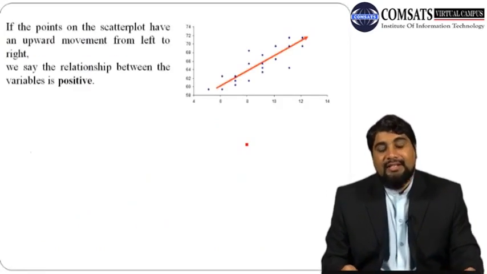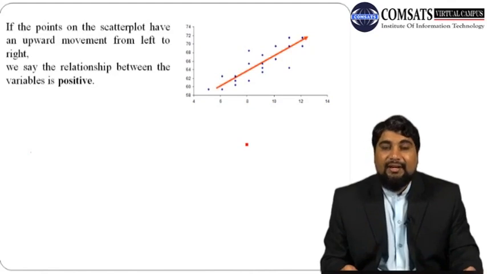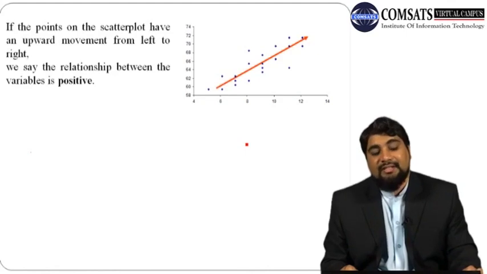If the points on the scatter plot have an upward movement from left to right, as shown in this diagram, we say the relationship between the variables is positive.